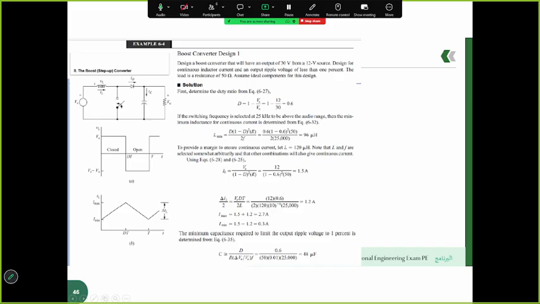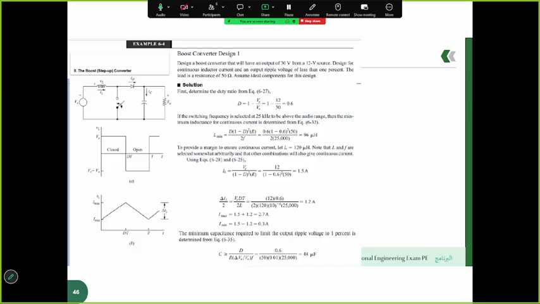Okay, this slide presents a complete step-by-step design example of a boost converter, moving from a specification to component selection. The design goal is to convert a 12-volt DC input into a 30-volt DC output across a 50-ohm load while maintaining continuous inductor current and keeping the output voltage ripple below 1%.